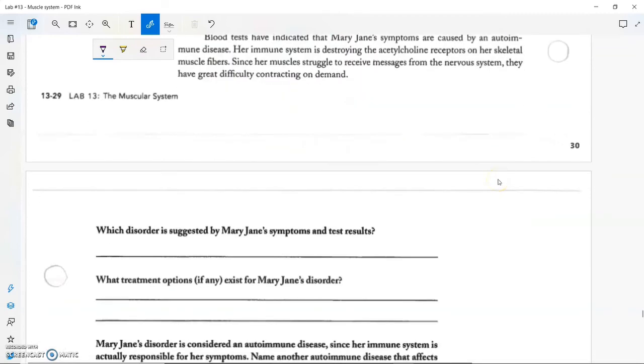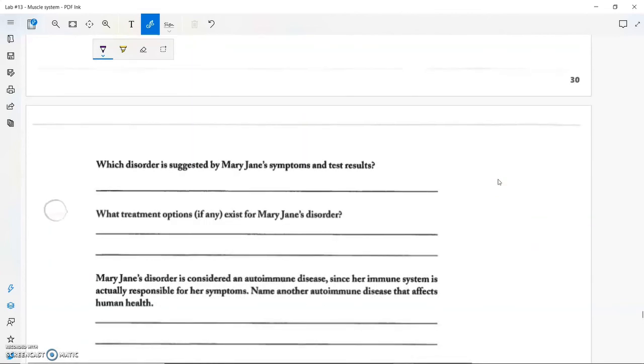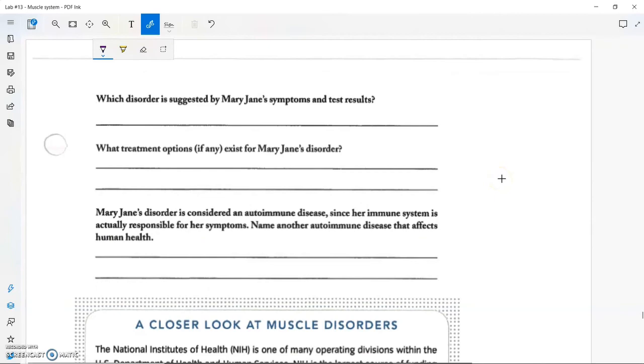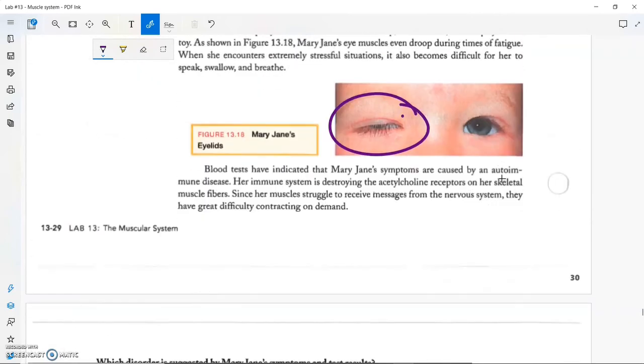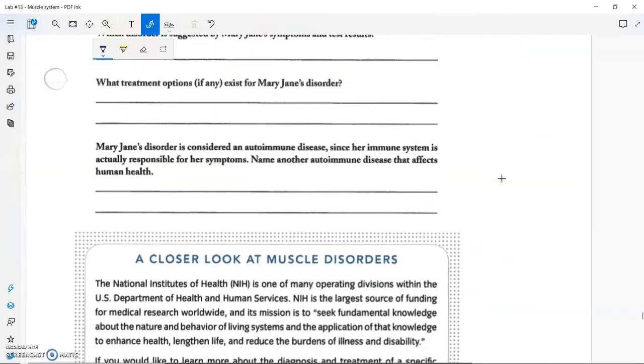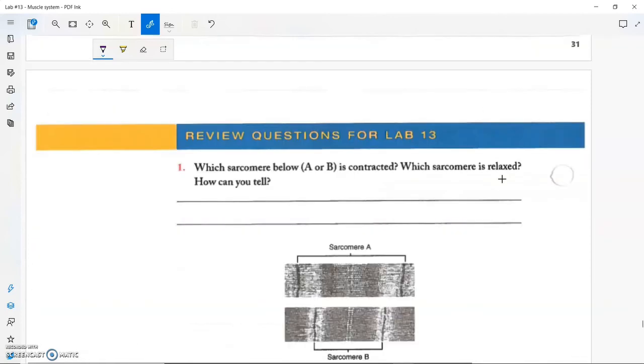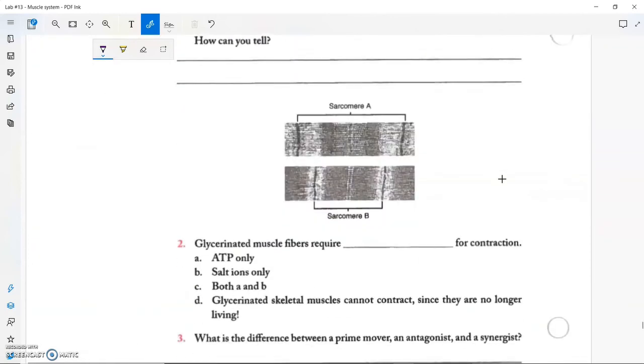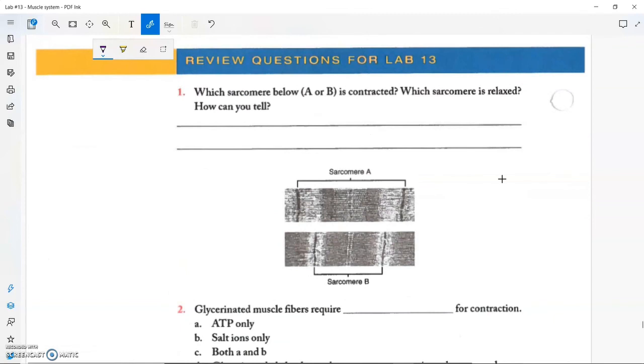Drooping eyelids are common in a condition called myasthenia gravis. There are some receptor agonists that can improve the performance of muscles, but it's a chronic autoimmune condition.